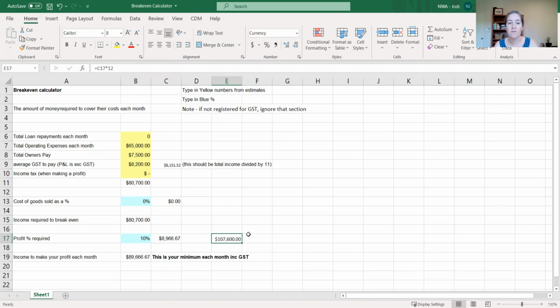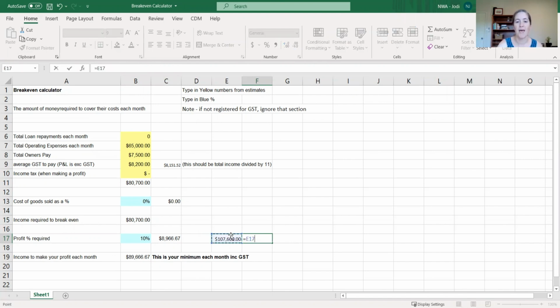At lower profits, you would pay a lesser amount of tax. I'm going to work on the company tax rate here for this example and make it 26%, which is for the 2021 financial year. So it's about $27,000 worth of tax for the whole year.